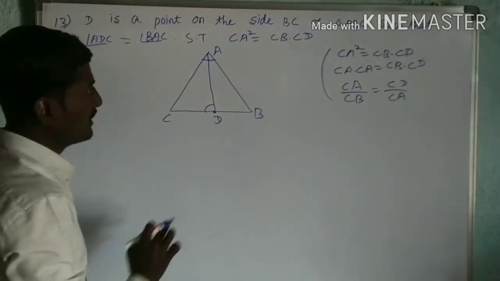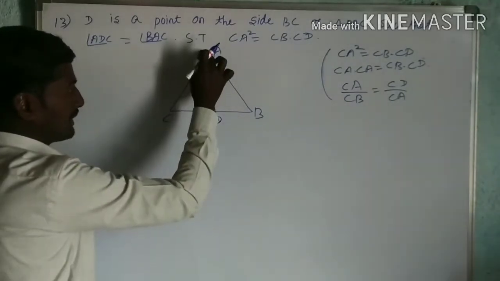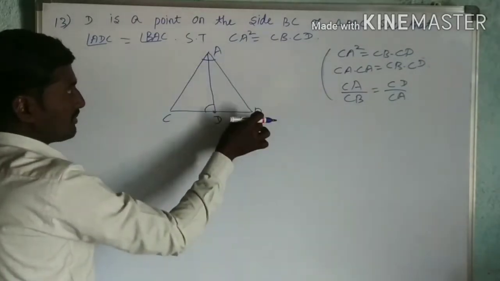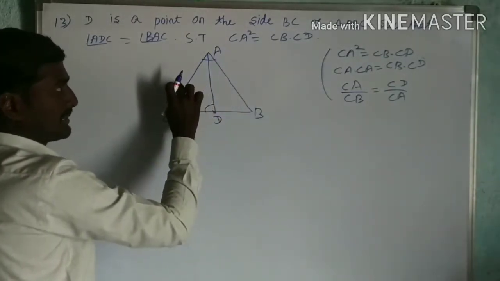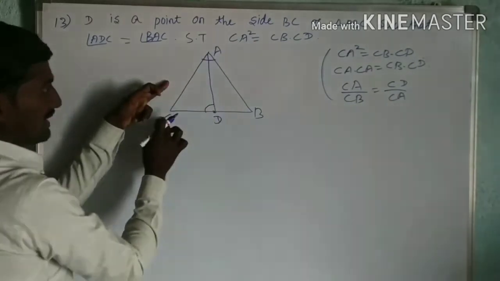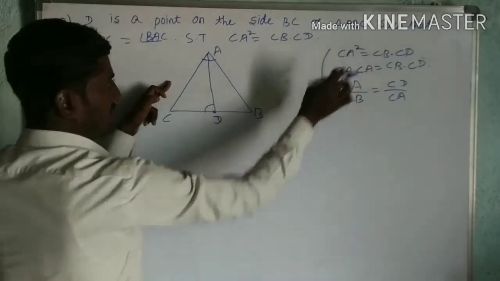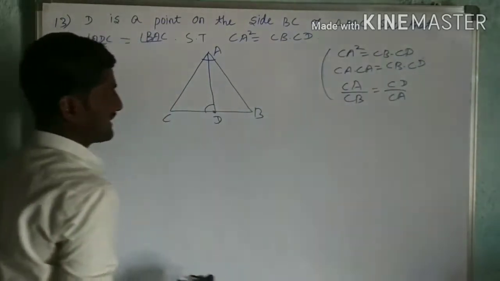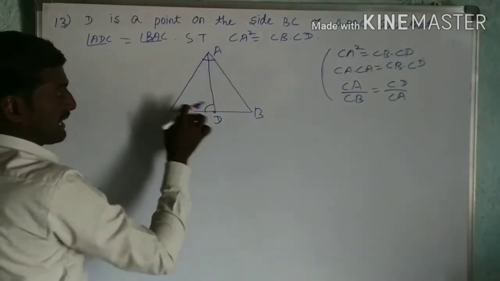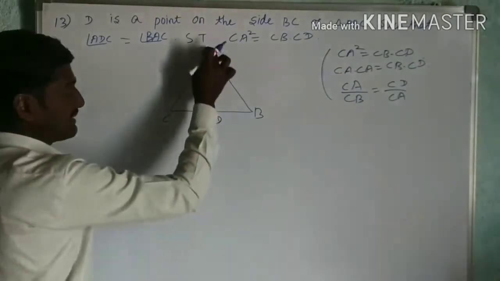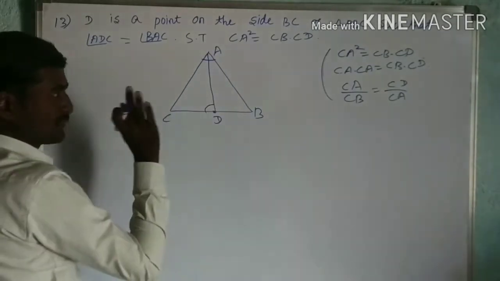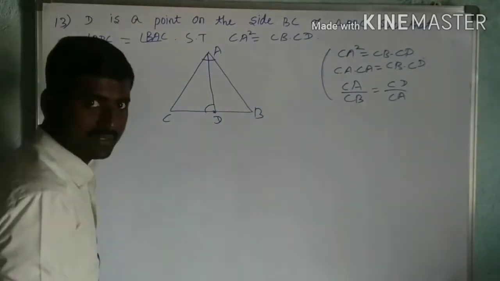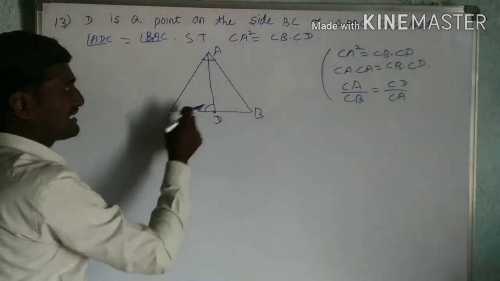You think of it. If ABC is similar to ADC, for ABC, CA or AC will be there, and in ADC also AC will be there. So I can get two ACs, CA square. Then two more I want, CB and CD sides. CB in triangle ABC, and CD in triangle ADC. Therefore triangle ADC must be similar to ABC, and we have to prove it. Why do I take only ADC and ABC?